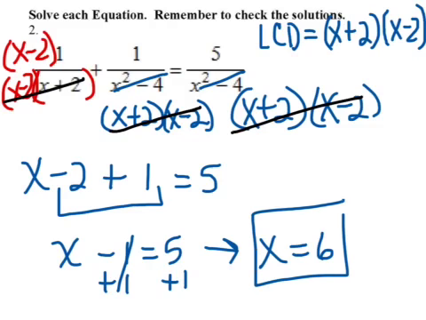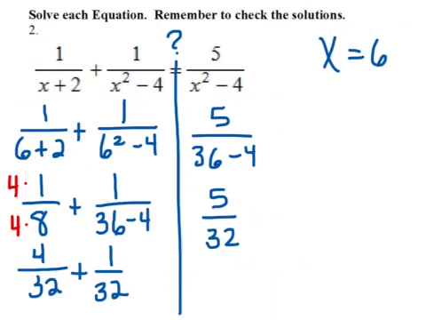Let's verify this. Again, for the sake of time, I've plugged x equals 6 into my equation. So every single time we see x, we plug 6 in, and the left side of my equation simplifies to 4 over 32 plus 1 over 32.